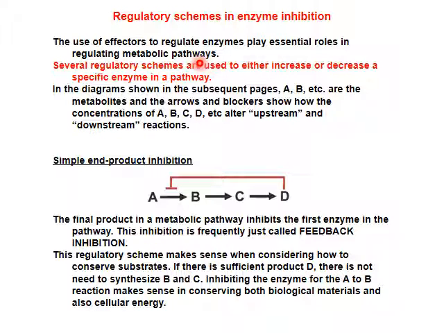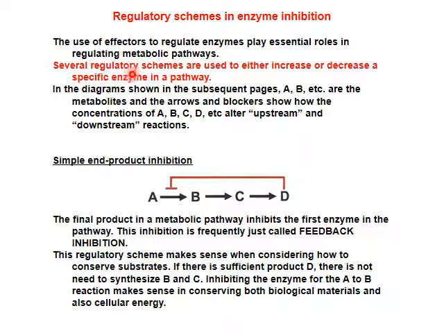The last section I wanted to talk about was in terms of some of the regulatory schemes in enzyme inhibition. So when we're talking about enzymes, we're not usually talking about them by themselves, but in a cell in relation to other enzymes as part of a pathway. And as a result, their regulation is important for the flux in a metabolic pathway.